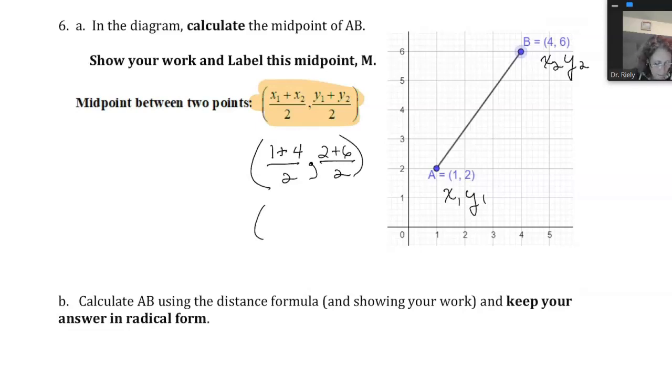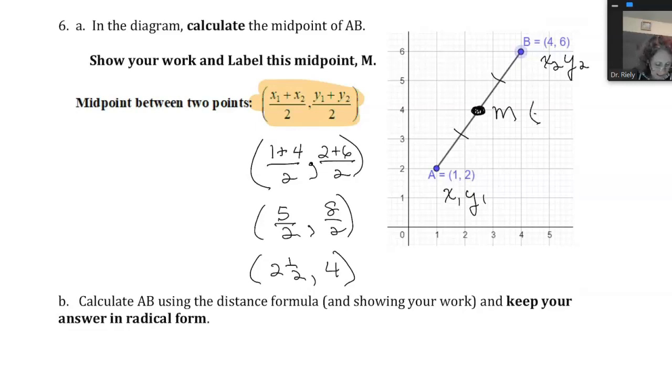Okay, 1 plus 4 is 5, over 2. 2 plus 6 is 8 over 2. Okay, I can change this into 2.5 and change that into 4. That's helpful because I am going to go to about 2.5 and 4, which is right here on my line, and put an M, and it certainly visually appears as if that's the midpoint.